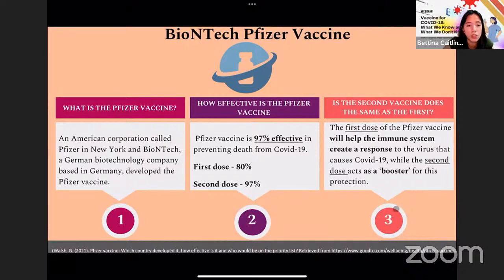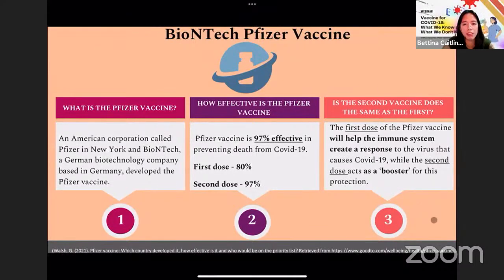Meanwhile, the second dose acts as a booster for this protection. The gap between the two doses gives the body a chance to create the immune response, and then the second jab delivers another spike in COVID-19 antibodies.